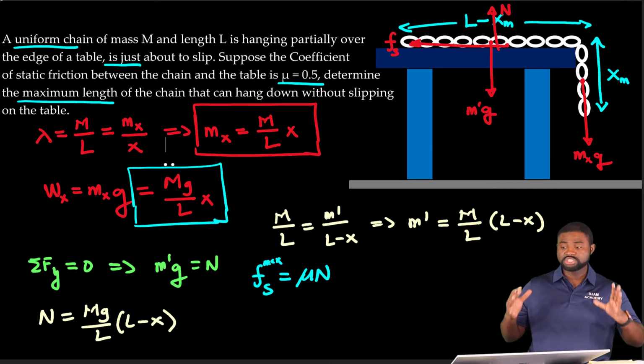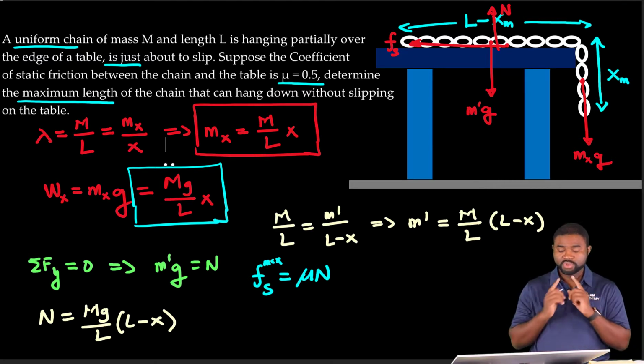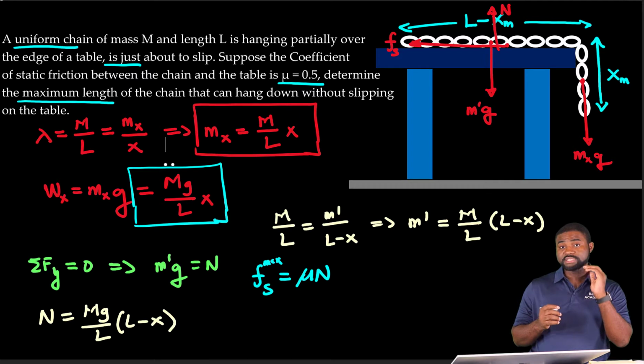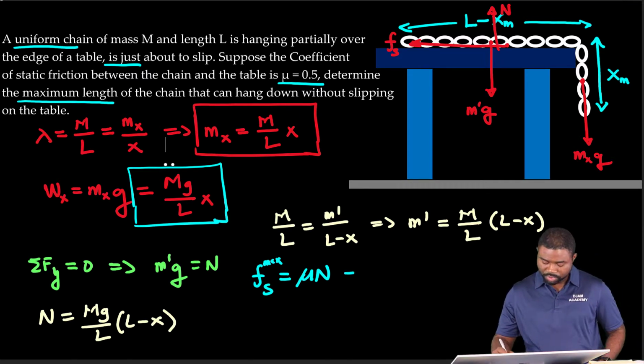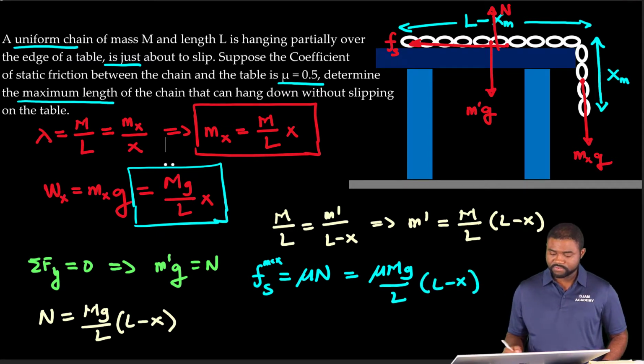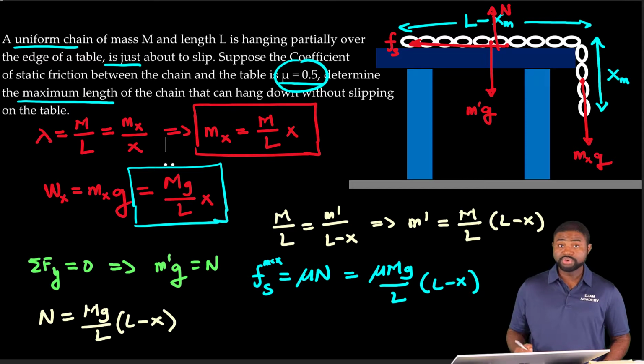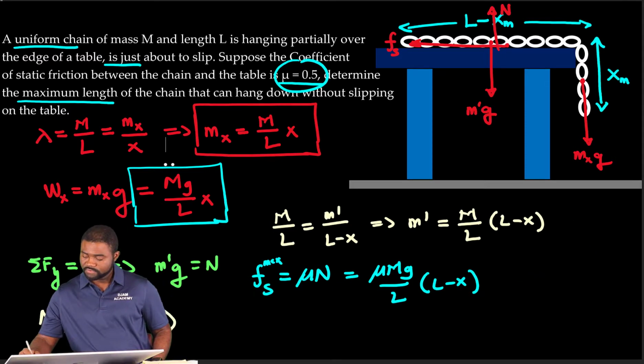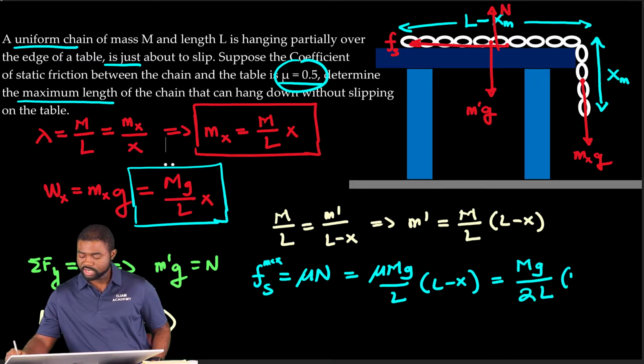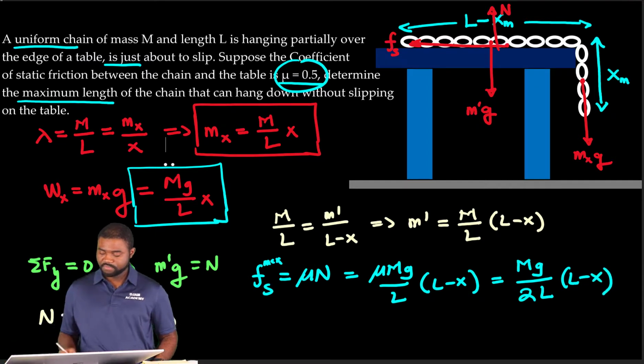Remember, the chain is just about to slip, which means that the static friction acting at that moment is maximum. So this will be equal to mu capital Mg over L bracket L minus X. But what is mu? Mu is 0.5. So this is just going to be equal to capital Mg divided by 2L bracket L minus X.